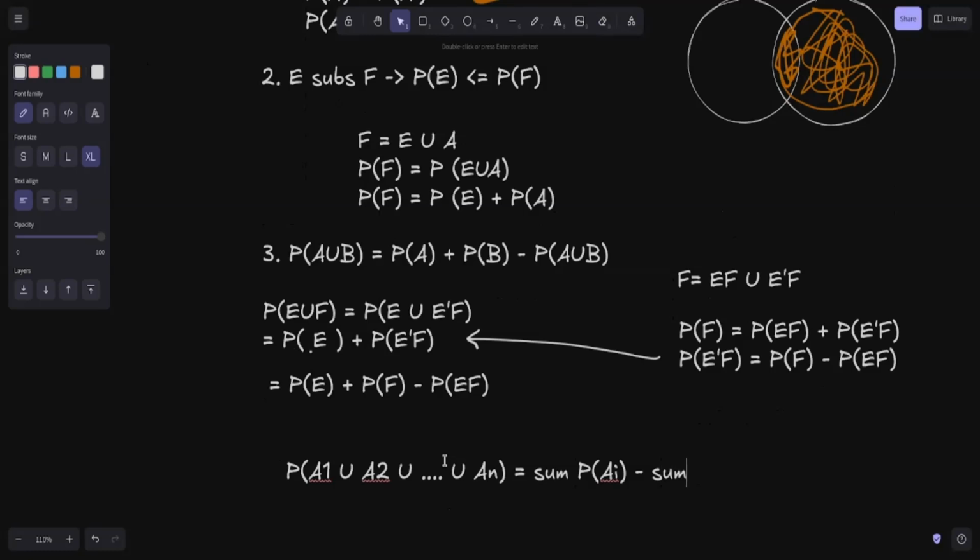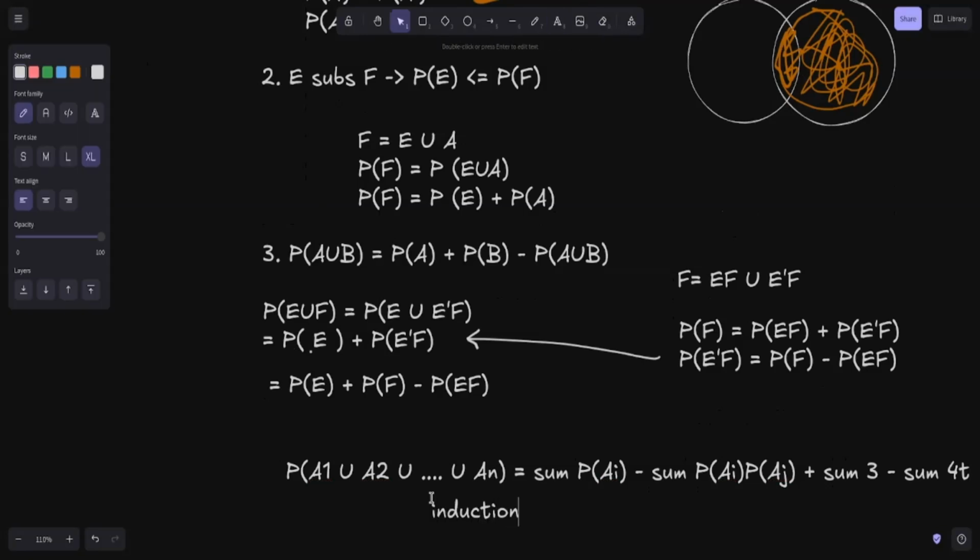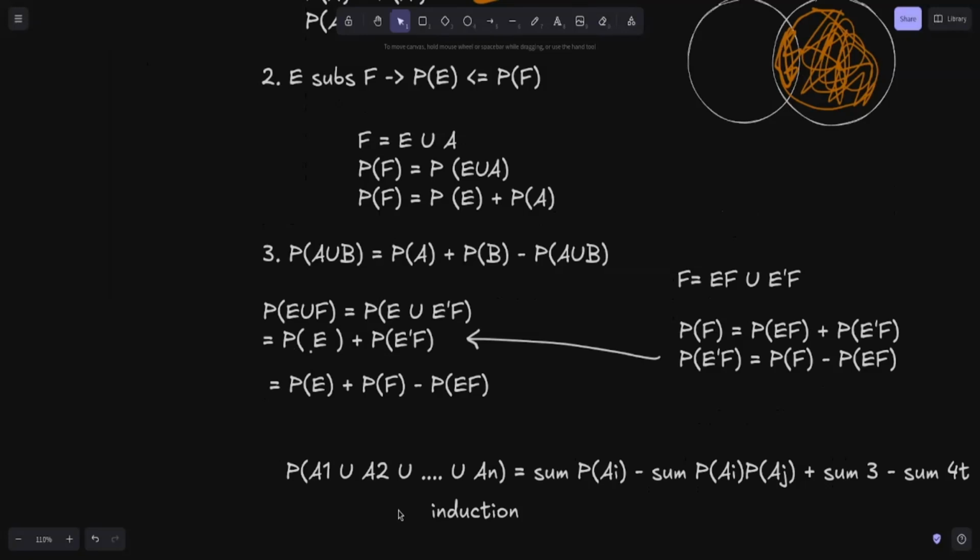Then you will subtract the sum of P of Ai intersection Aj, basically all the combinations of that. Then we add the sum of triples, then subtract the sum of quadruples. It will go on like first singles, then pairs, then triples. This proof will be done by induction. This can be used as homework for you. Try to do it by induction.